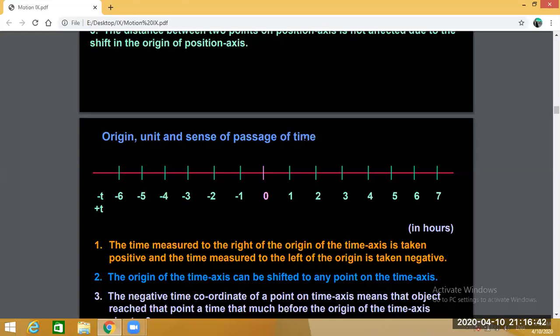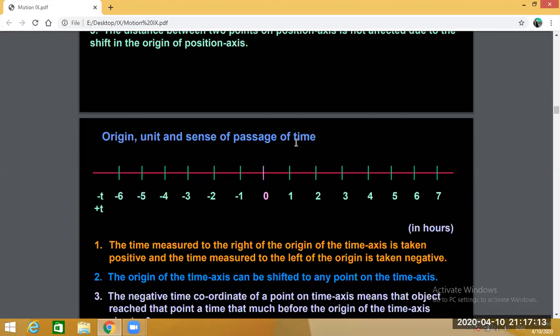Now the origin of the time axis can be shifted to any point on the time axis, in the same way as in case of the position axis. The negative time coordinate of a point on the time axis means that the object reached that point that much time before the origin of the time axis, which indicates past time.